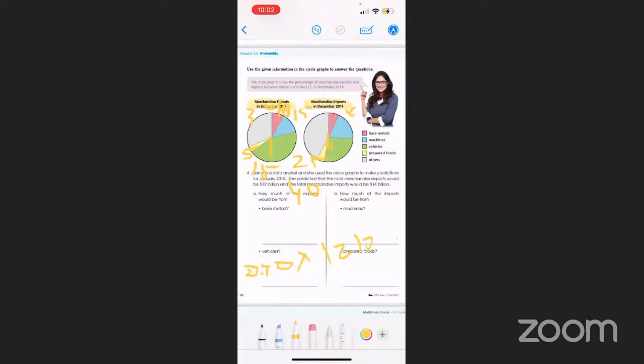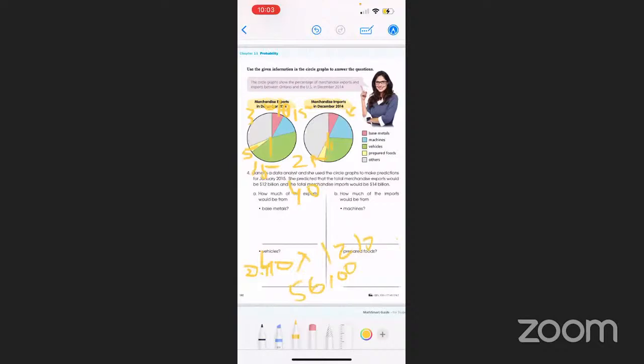So can you do that? Okay. 56 with 1 less zero, so 6 zeros, would be 56 million, right?